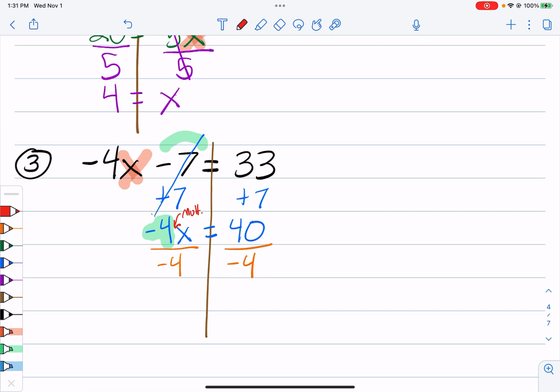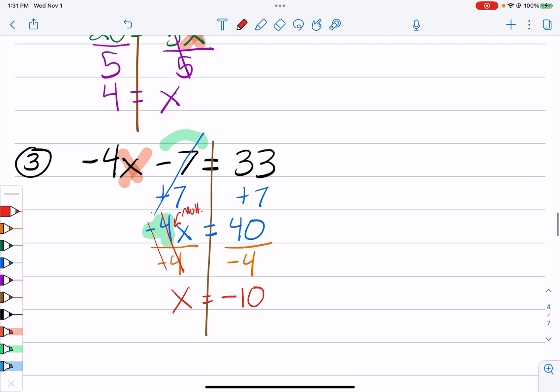So negative 4 divided by negative 4. Not only is 4 divided by 4 a 1, but a negative divided by a negative is a positive. So I don't have to worry about my negatives. They're gone. On the right-hand side, 40 divided by negative 4 is going to be a negative 10. 40 divided by 4 is 10, and a positive divided by a negative is a negative.